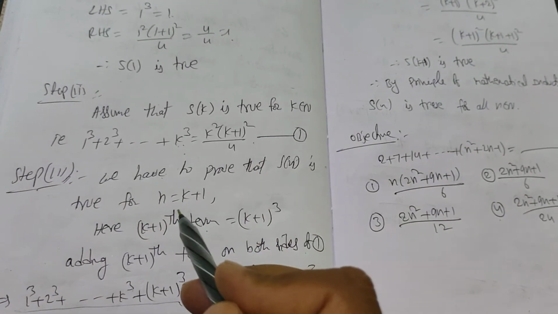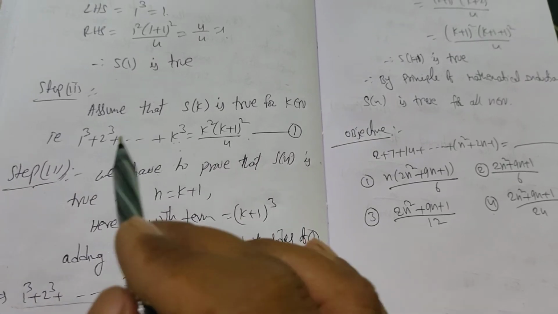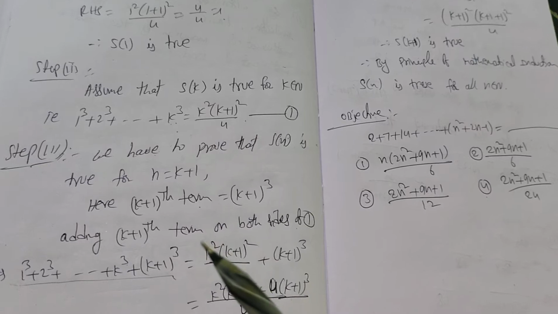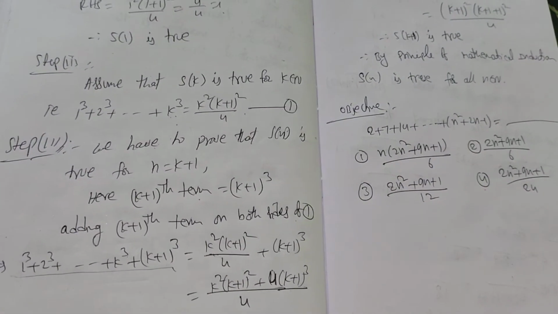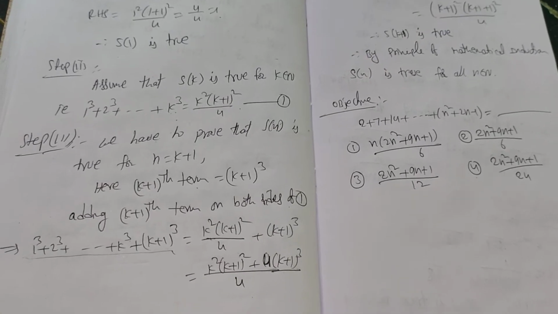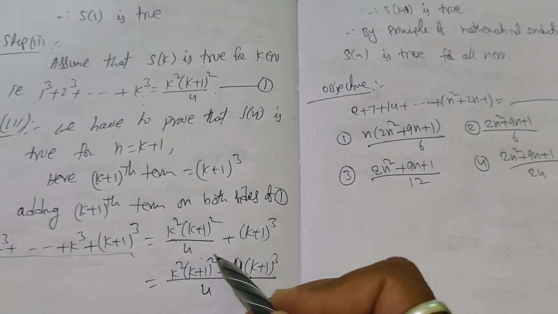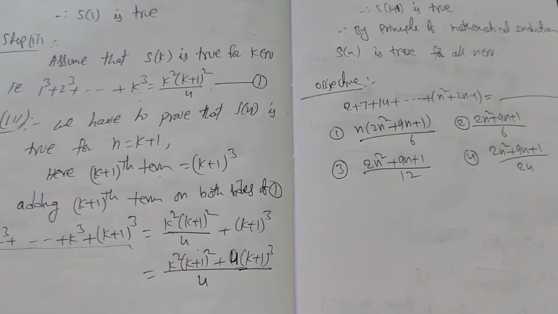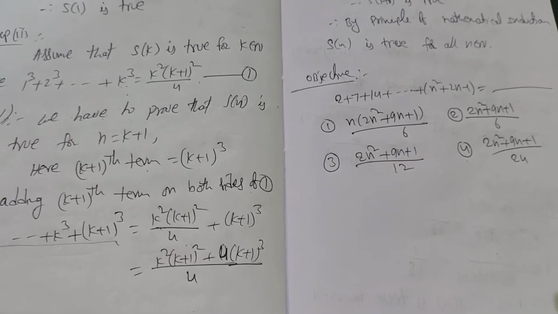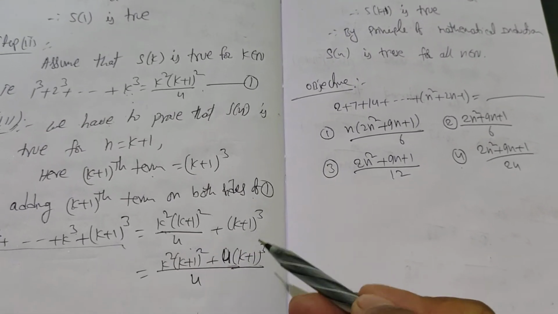That means first you take the k plus 1th term, add the k plus 1th term on both sides of 1, and leave the LHS and simplify the RHS. That should give RHS of the k plus 1th term. Now come to the point. So simplification is nothing but if any factorization is there, you do factorization and take LCMs and simplify. You know how to simplify algebraic expressions.